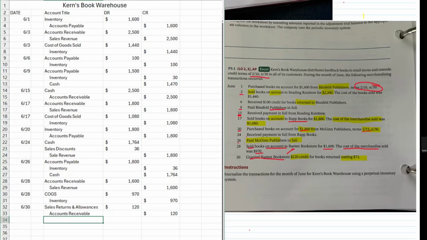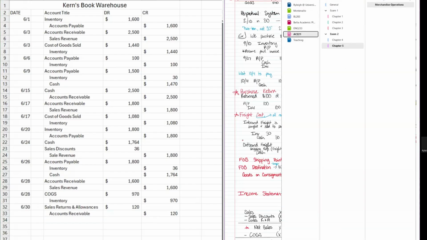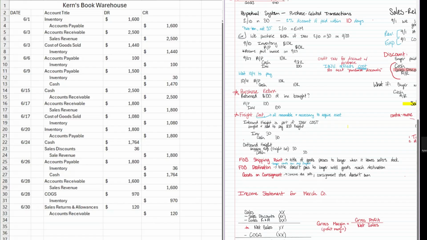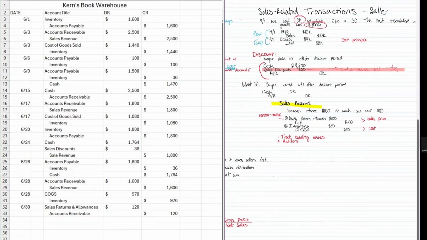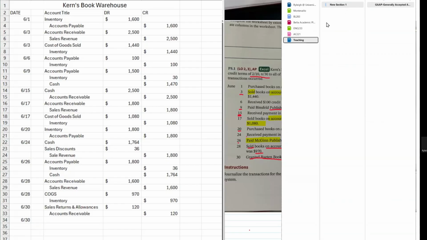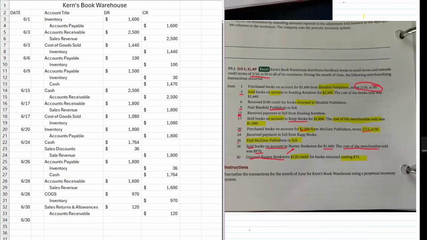And then I don't think this is the one where we do it in one go, right? No. As the seller for returns, it goes back into inventory, so $72. And then we credit cost of goods sold. So $72 was back in inventory, and then we have 72 coming out of cost of goods sold.